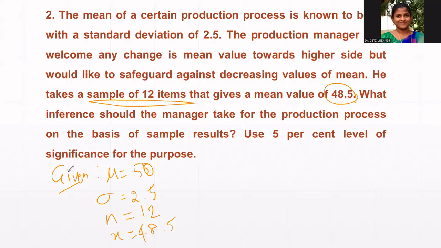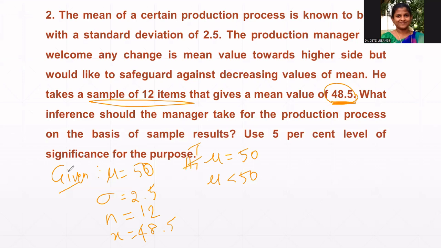First, let me state the null hypothesis: mu is equal to 50. You can straight away take the population mean and write mu equal to 50. And now when he tested, he got the sample as 48.5, so I write mu less than 50. So this is the first step.